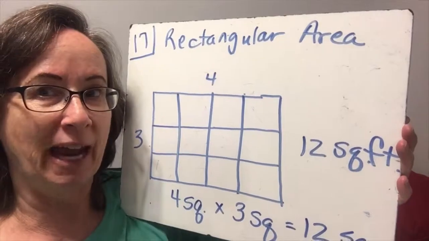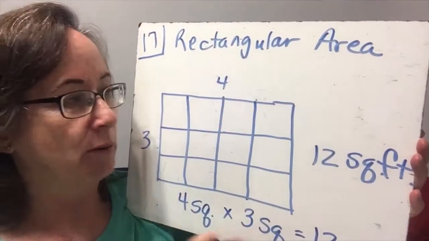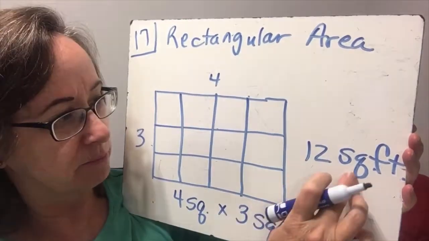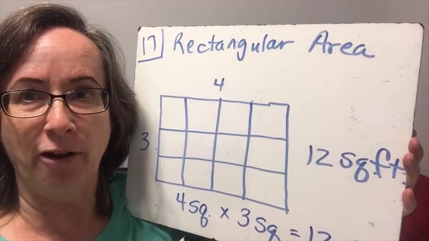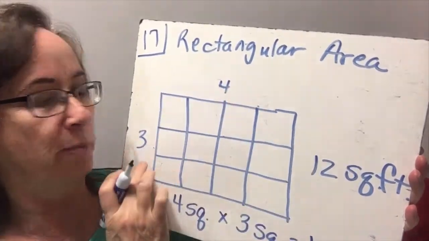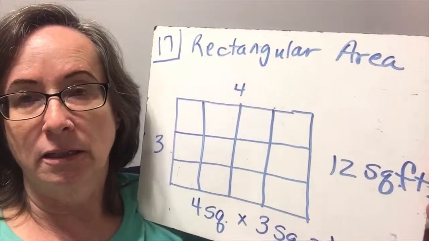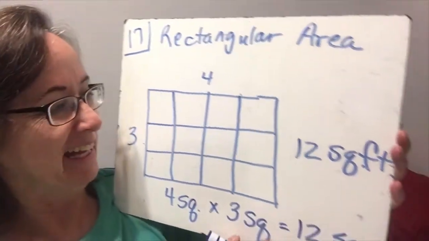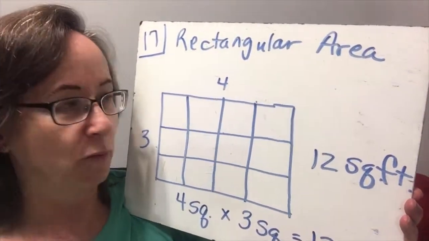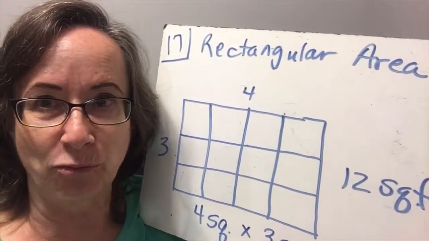So when we think about area, it's coverage. We're saying how many units of square feet we would need to cover this 4 foot by 3 foot area. It's a rectangle, but we think of floor area when we're planning to lay a rug.